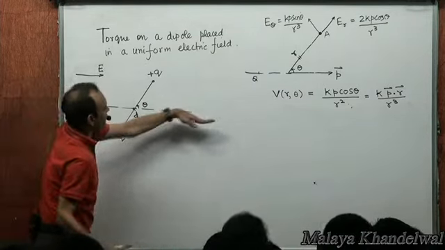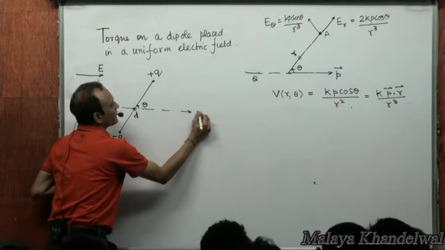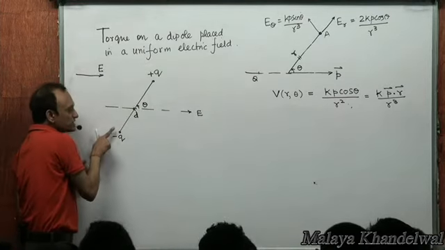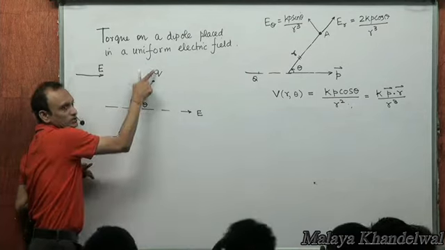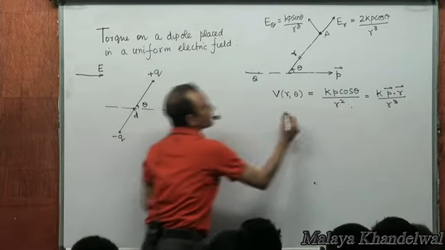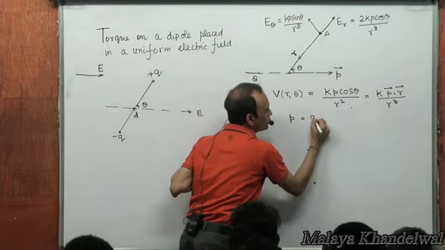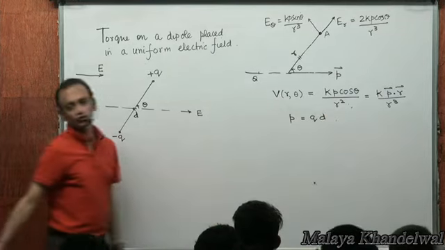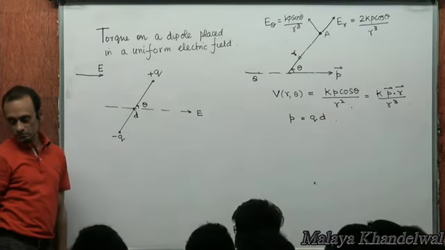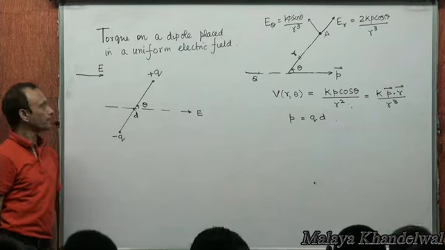This electric field E is like this, making an angle theta with the dipole moment, right? This is the dipole moment. Minus q to plus q is the dipole moment and is of magnitude q into d, directed from the negative to the positive charge. That's the dipole moment of this arrangement.